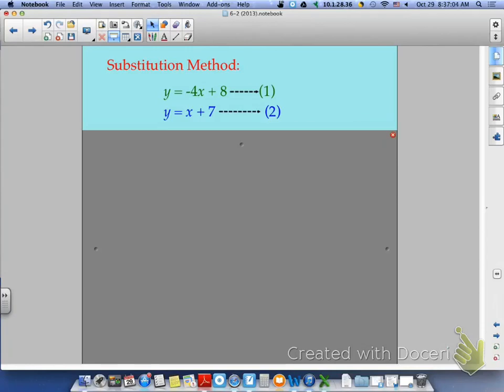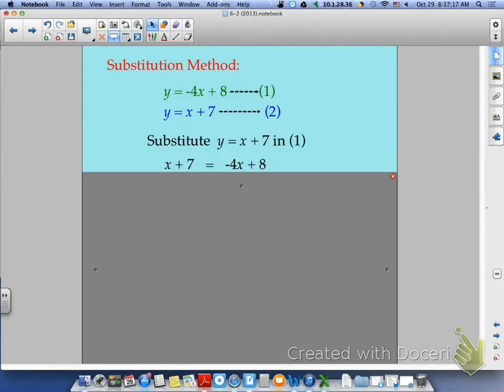So I have two equations here, y equals negative 4x plus 8 and y equals x plus 7. All right? I'm going to substitute y equals x plus 7 in equation 1. Do you understand why I'm doing that?